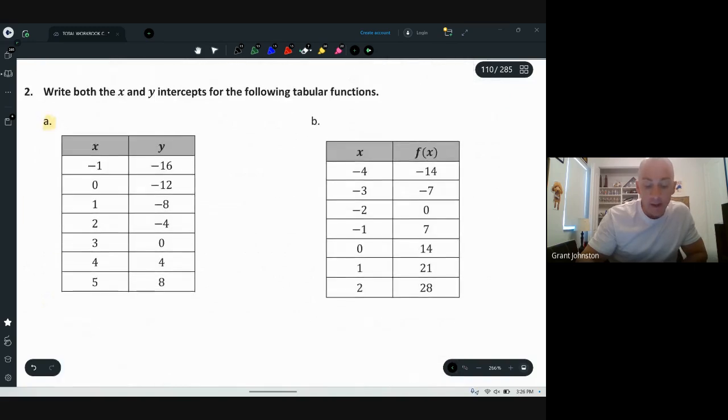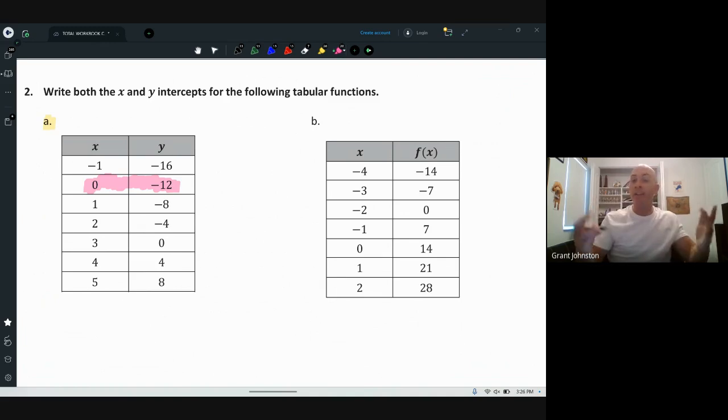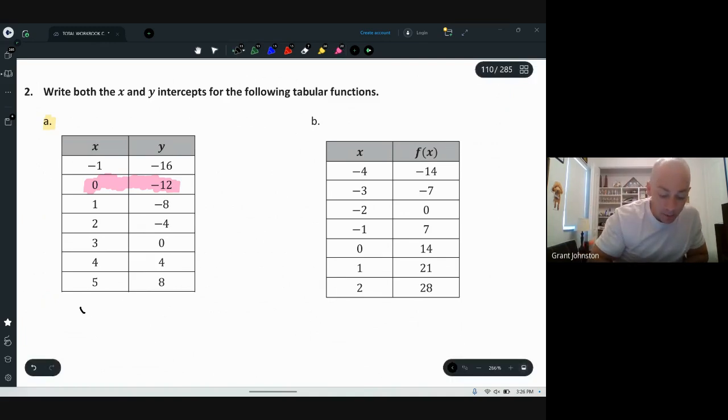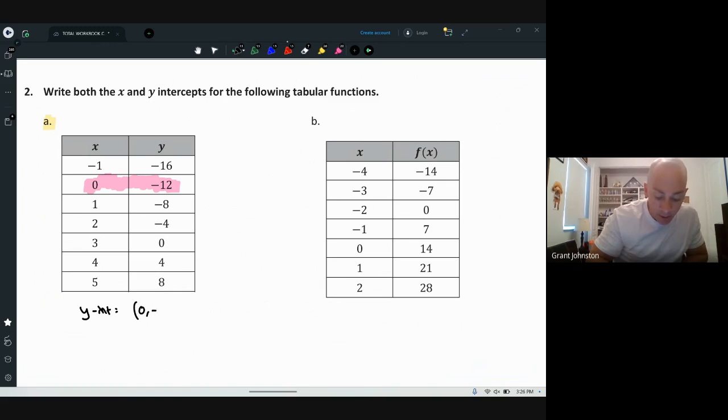So if we look at this table, the y-intercept is here because x is 0 at that spot. So the y-intercept is at 0, negative 12. And the x-intercept is when the y is 0.